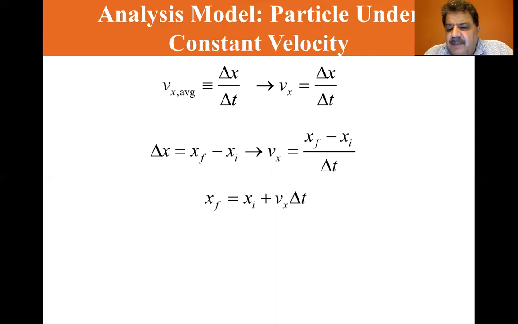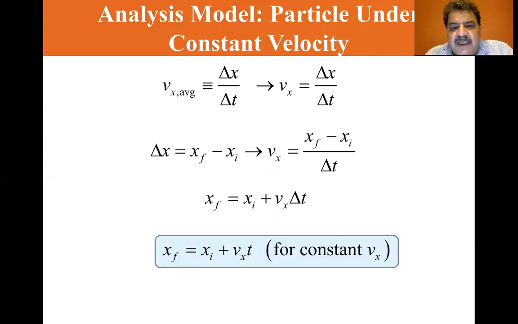Usually we choose the time at the beginning of the interval to be t equals 0 and the time at the end of the interval to be t final equals t. So we end up with x final, the final position, equal to initial position plus the constant velocity times the time that you're traveling, for a constant Vx. Remember, this is only for a constant V. And we're only doing it in one dimension, so it's along the horizontal axis.